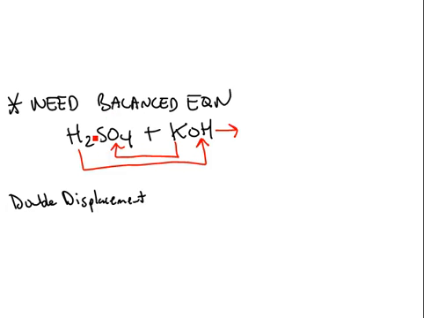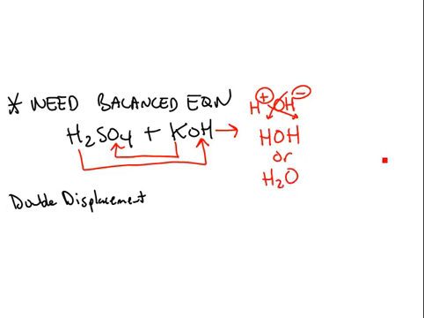So for example, this 2 does not get carried along when I pair up the hydrogen with the hydroxide. What I'm pairing up is a hydrogen with a positive 1, hydroxide with a negative 1. I have to do the little crisscross technique to figure out the product, HOH, which you can write as H2O. One product we make is water.